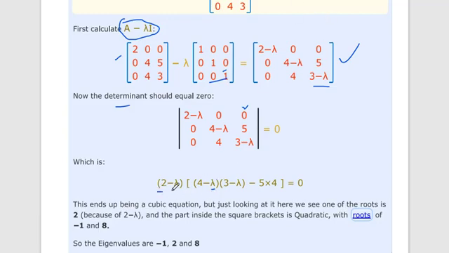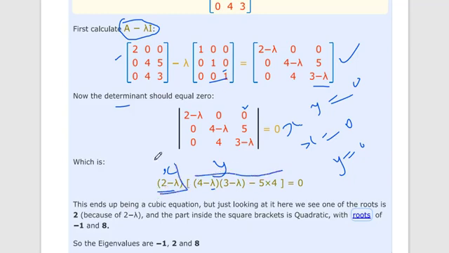Let's say this is x into y equal to 0. Then we can say that either x is equal to 0 or y is equal to 0. Here this is x and the rest is y. So we have x: 2 minus lambda is equal to 0. So one root will become lambda is equal to 2.